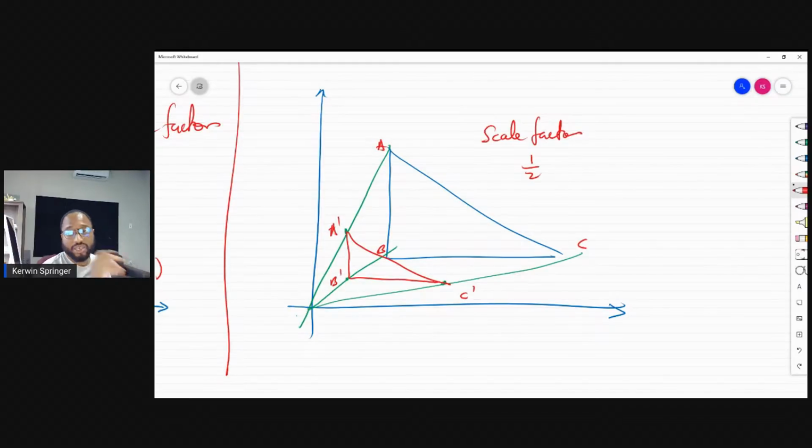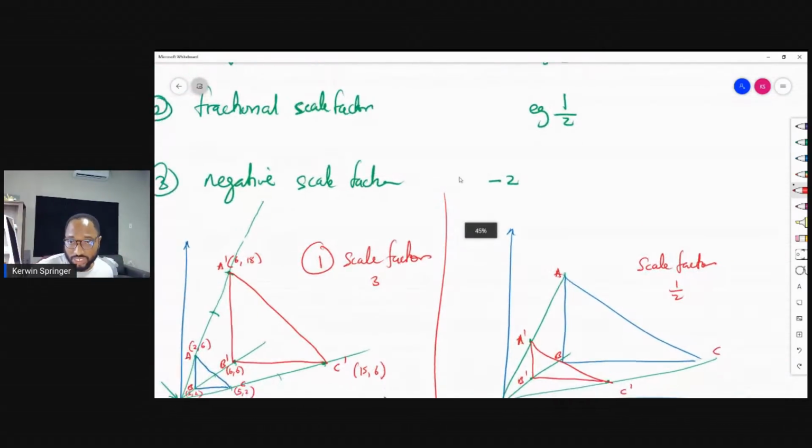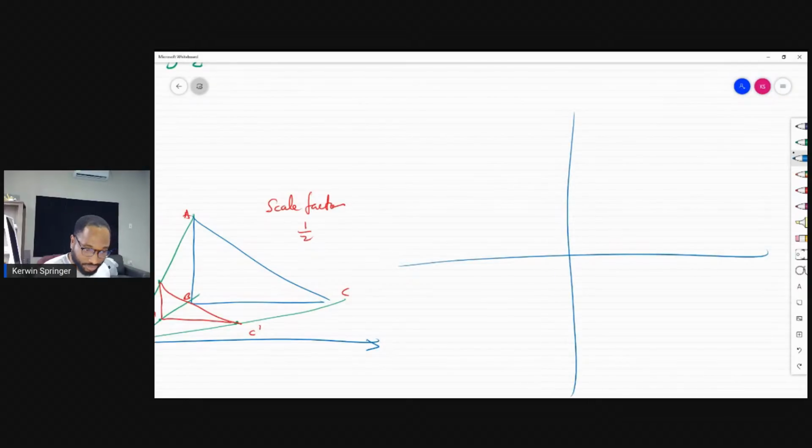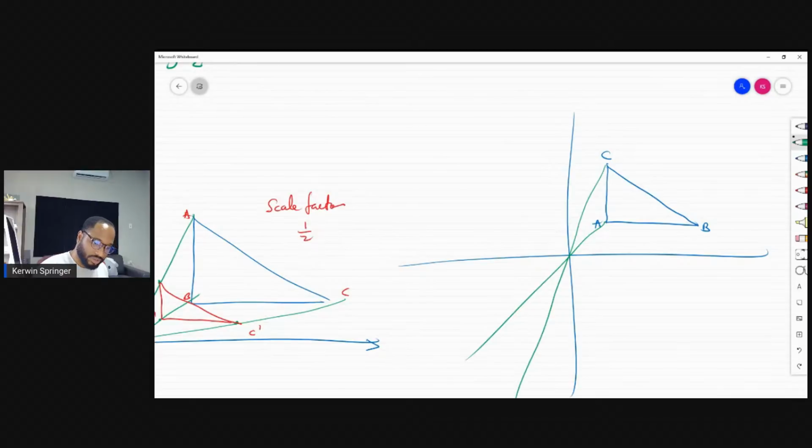If you have a scale factor of -2, which is the third thing that could happen, the weirdest thing happens. Watch what's going on here. So the first triangle looks like this, A, B, C. A scale factor of -2 would carry this.